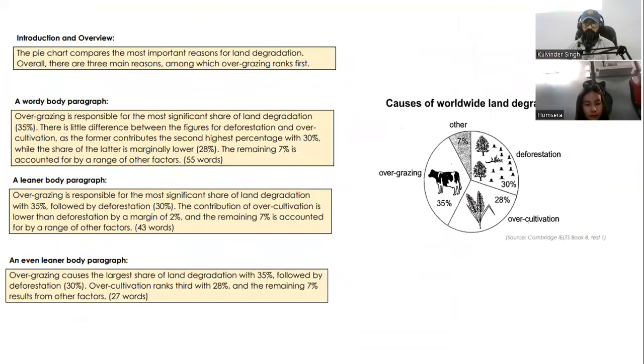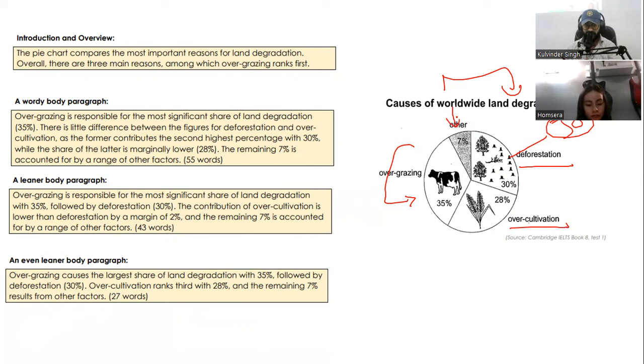I'll show you one overview here. Over here, it's about the causes of worldwide land degradation. Overgrazing is one of the leading factors for land degradation, at 35%. 30% is accounted for by the second highest, deforestation, followed by overcultivation and some miscellaneous factors.